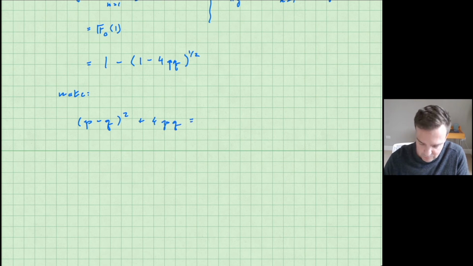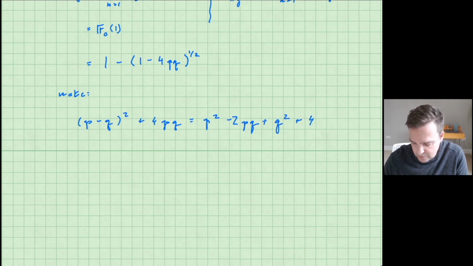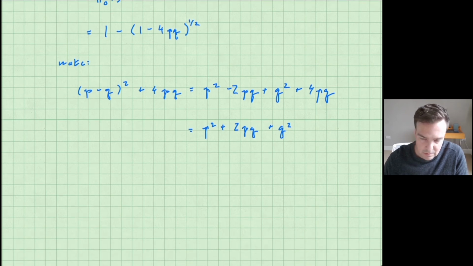If you expand that, you get p squared minus 2pq plus q squared plus 4pq, right? And that's equal to p squared plus 2pq plus q squared. And so that's p plus q squared.